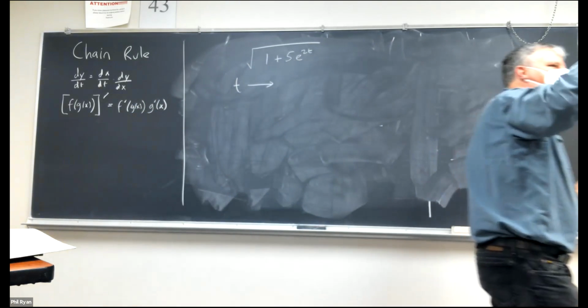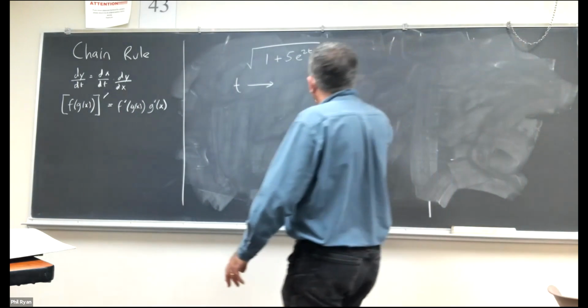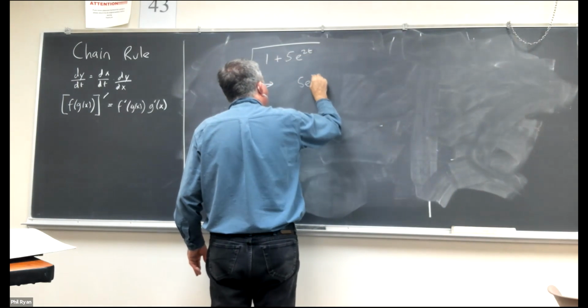Okay. Elijah in the back there. Nice to see you back. What's the first link in the chain then? What would you send t to? So what gets done first with the t? 5e to the 2t is good.